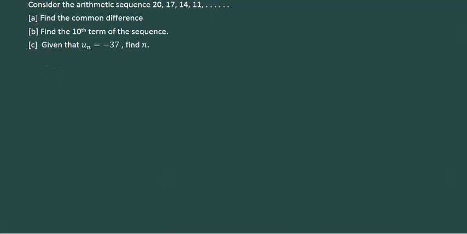The difference between 20 and 17 is 3, but in order to find the common difference of the sequence, you have to follow the rule. Common difference is second term minus first term. That is, second term is 17 and first term is 20, which gives minus 3.